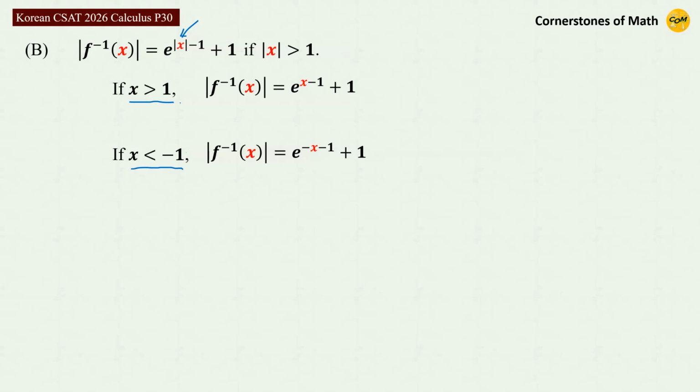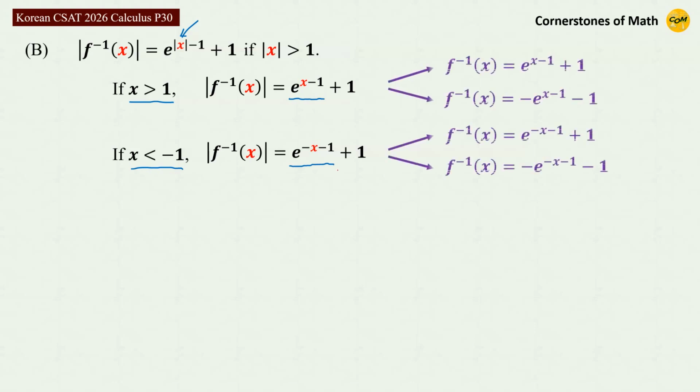If x is greater than 1, the exponential part becomes e to the power of x minus 1, and if x is less than -1, the exponential part becomes e to the power of minus x minus 1. Next, we remove this absolute value by taking either plus sign or minus sign on the entire right-hand side, which again gives 2 functions for each interval.